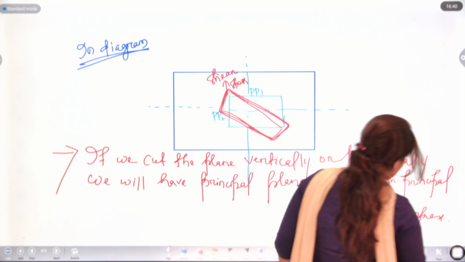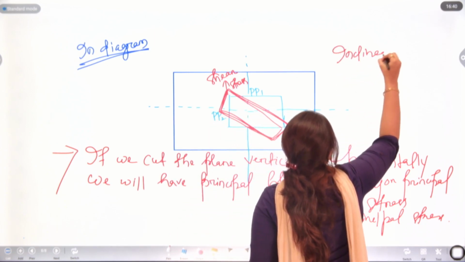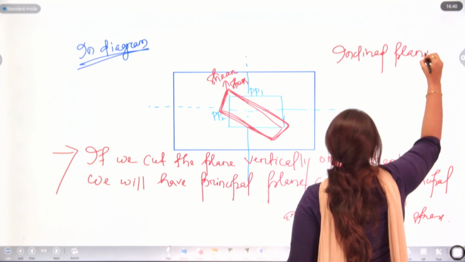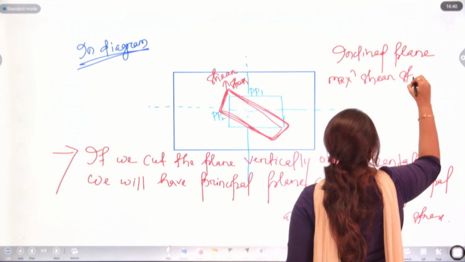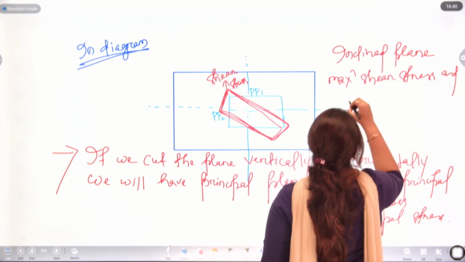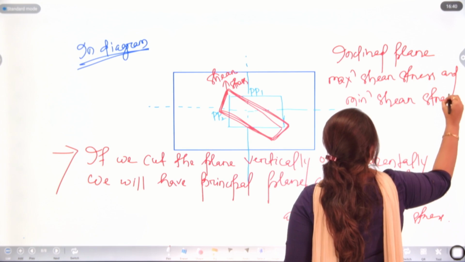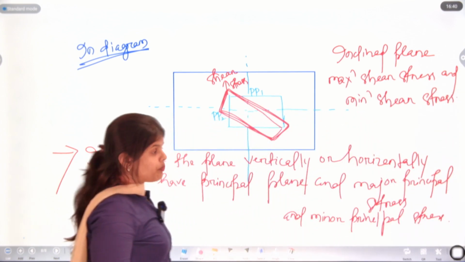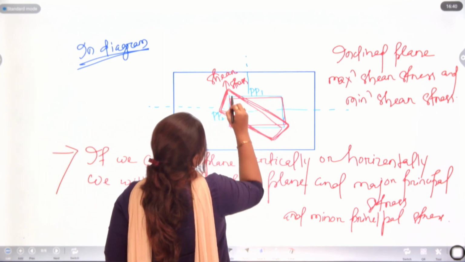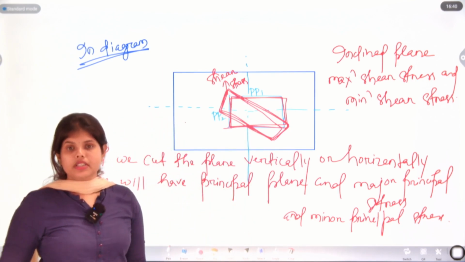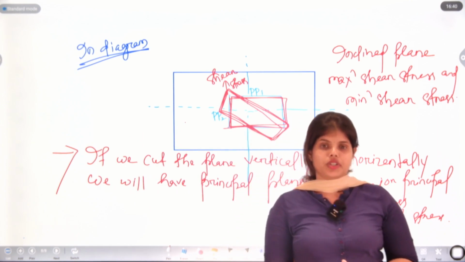And if we cut the object inclinedly, the inclined plane will give us maximum shear stress and minimum shear stress. So, in this diagram, here we have major principal stress and minor principal stress, and inclinedly we have maximum shear stress and minimum shear stress.